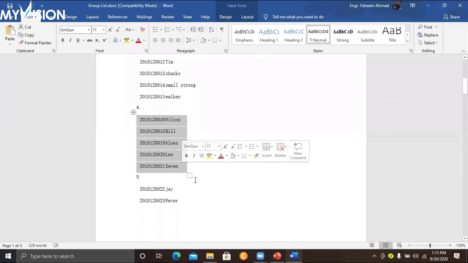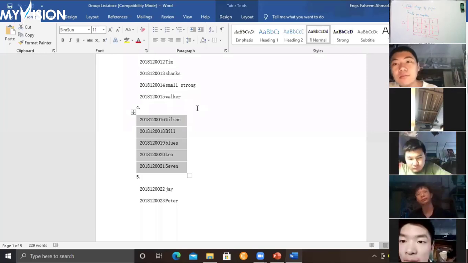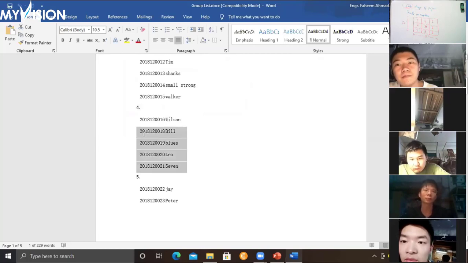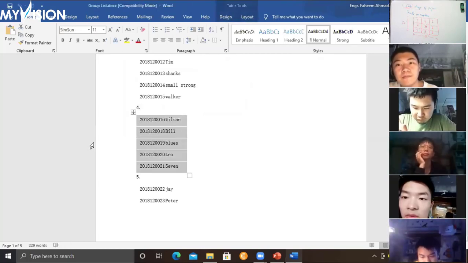These are your group members. Can you see that? Yes. Your group number is 4, and these are your group members. Work with these members: Wilson, Mr. Bell, Blues, Leo, and 7. All these are your group members. You have to work with them and complete this slab design.